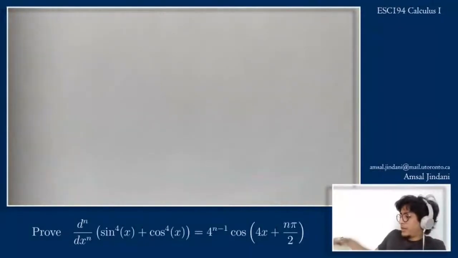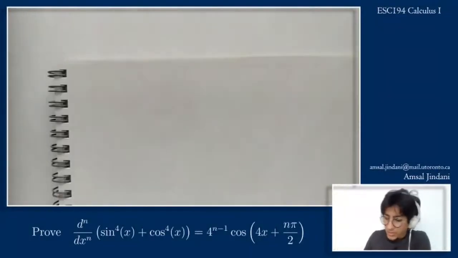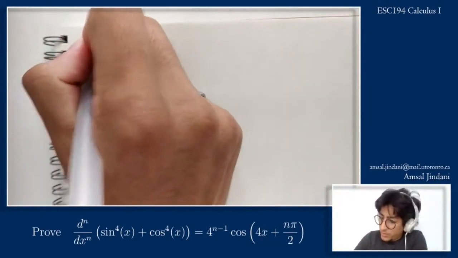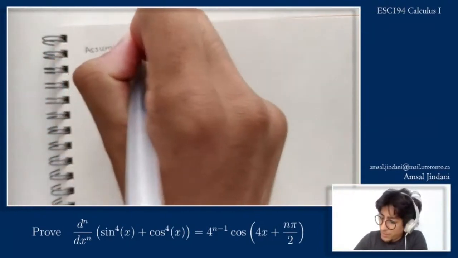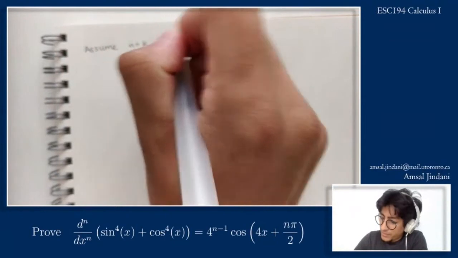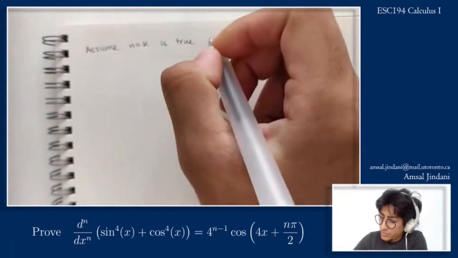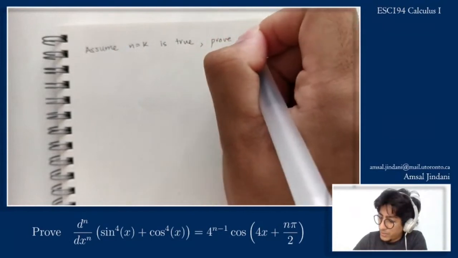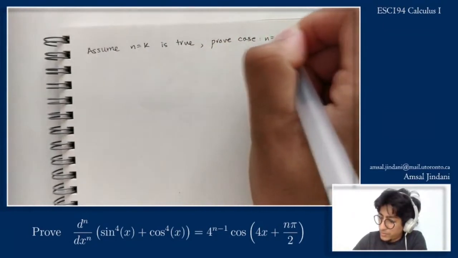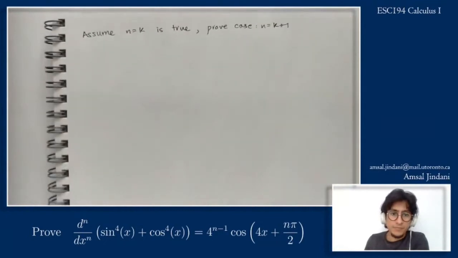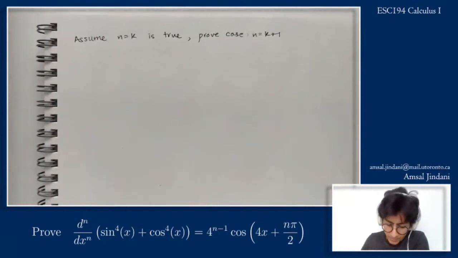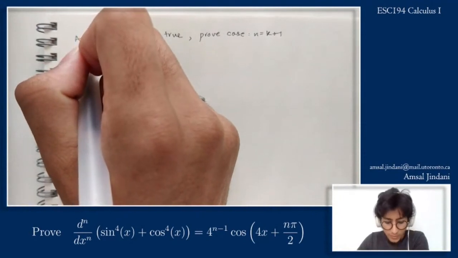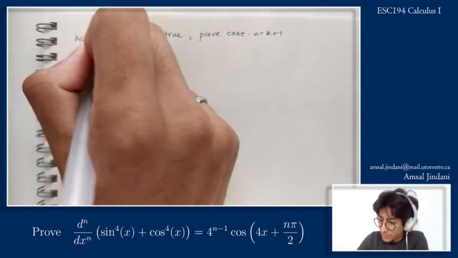Now we have to do the actual induction step. So that means we're going to assume n equals k is true, and then we have to prove the case n equals k plus 1. So I'm going to write the derivative expression for the value k plus 1.